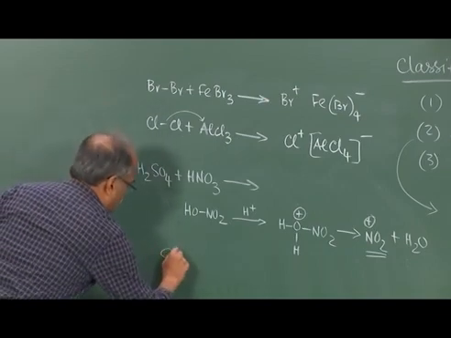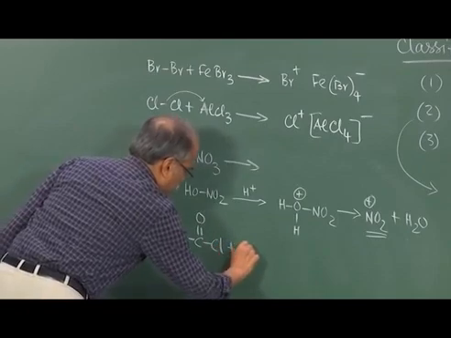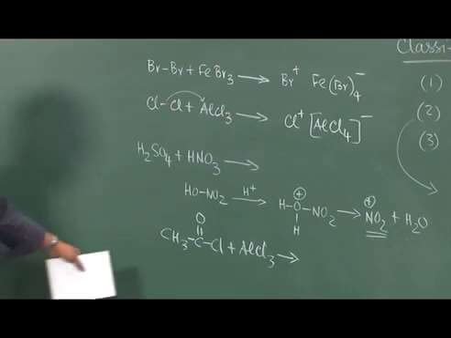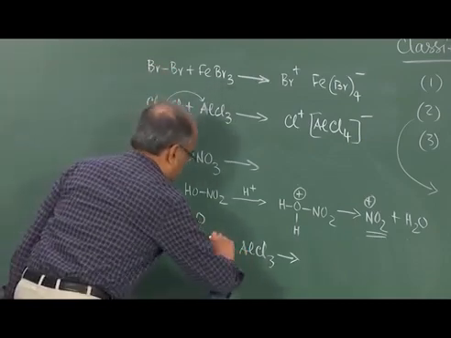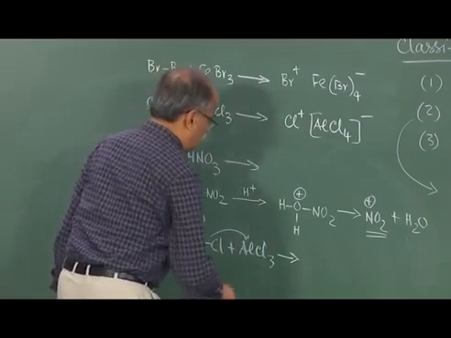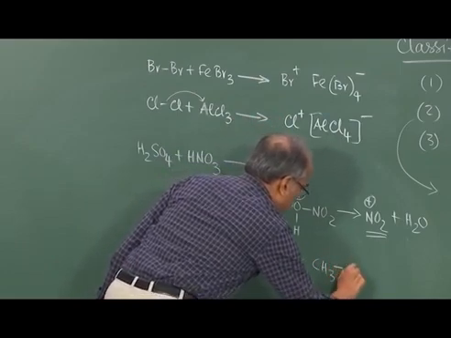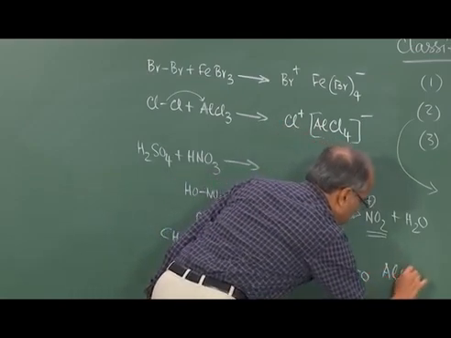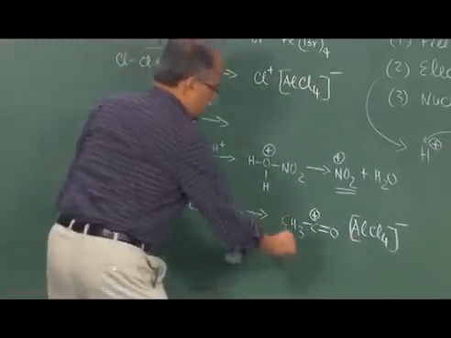If you are wondering how to generate the acyl cation, this can also be generated by treating an acid chloride, acetyl chloride for example, with aluminum chloride. Essentially the aluminum chloride undergoes the substitution of the chlorine, and this is of course resonance stabilized.